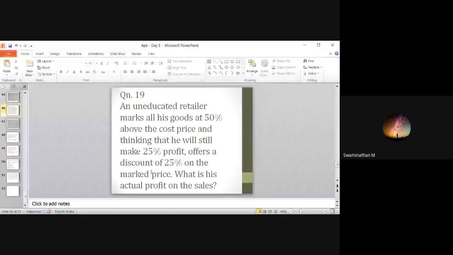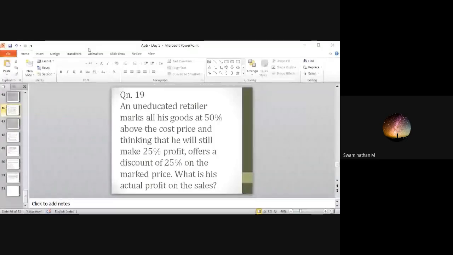So he is marking the price 50% above the cost price, and he is giving a 25% discount. But still he is thinking he will make 25% profit. But what is the actual profit? 12.5%.